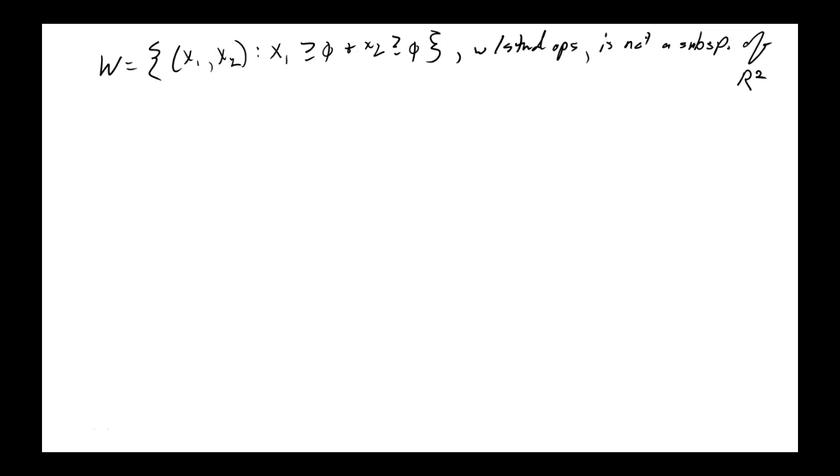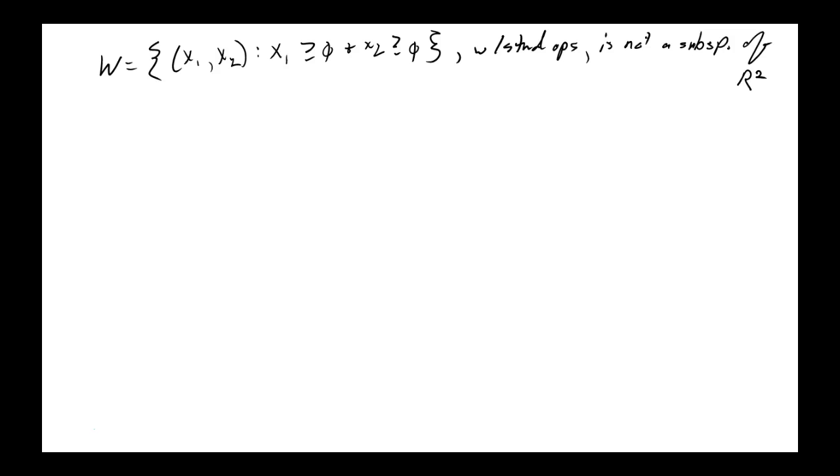So that one's okay. Your addition is going to be fine, because add any two vectors together, you're going to have a vector whose first and second component are greater than or equal to 0. So it's closed under addition.